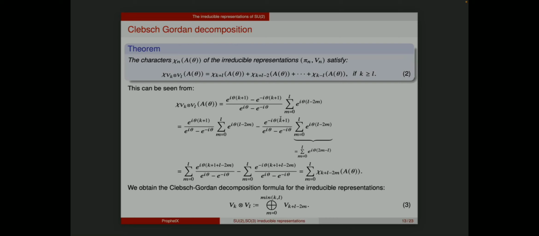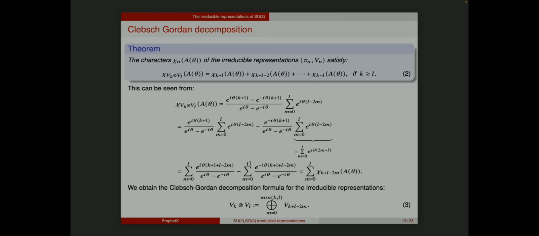Okay, and now what do we do? Now I just multiply out. So I have this multiplied by the sum, and the second term multiplied by the sum. But now I can use that this sum is even, because characters are in particular even, as we showed before. And therefore, by plugging this back into the sum and putting all the powers of e^{iθ} together, we have k plus 1 plus l minus 2m, as desired.